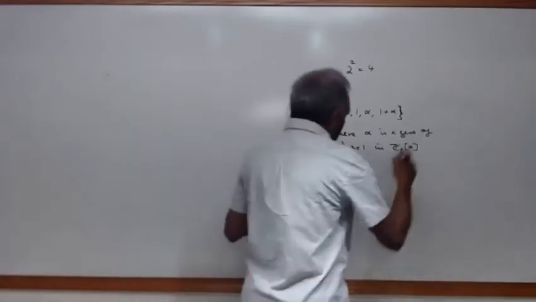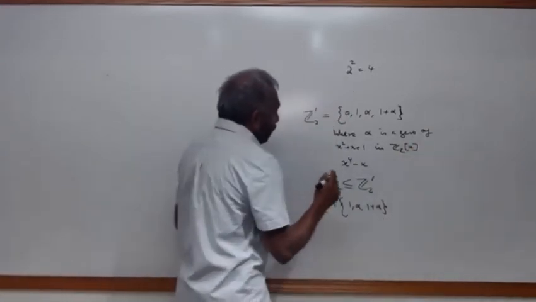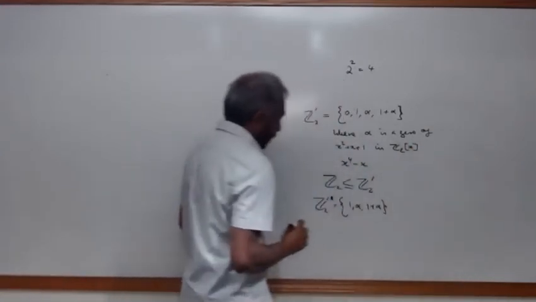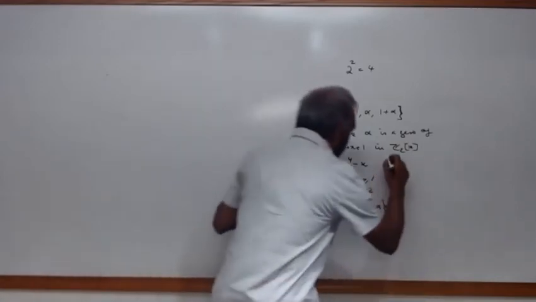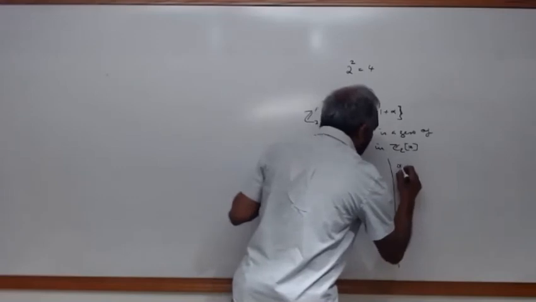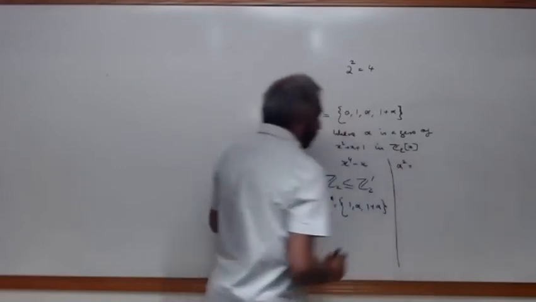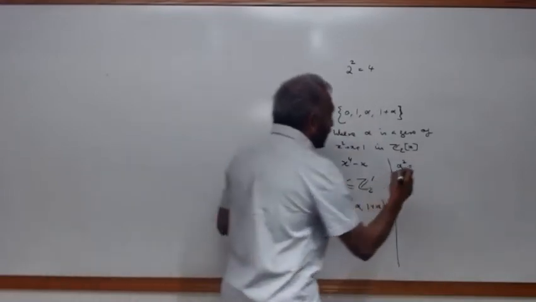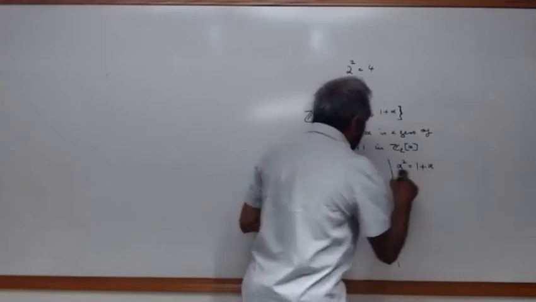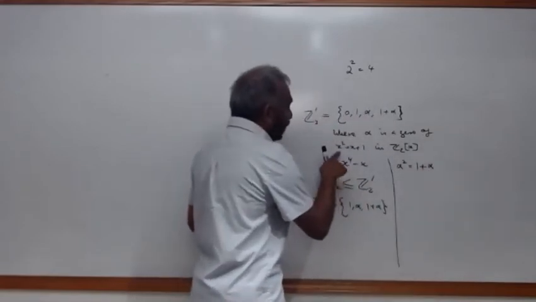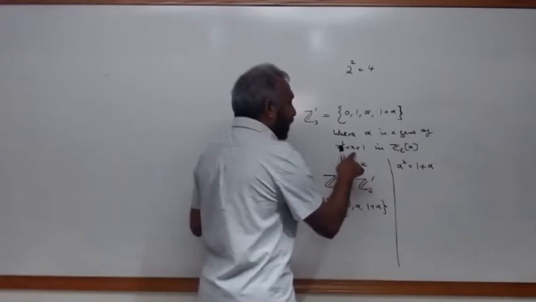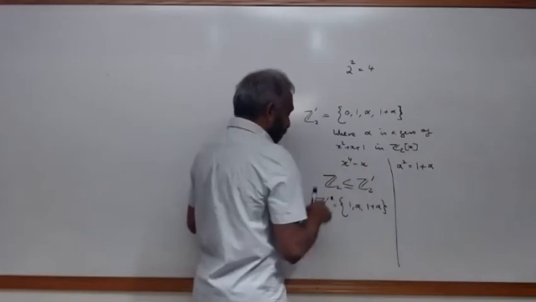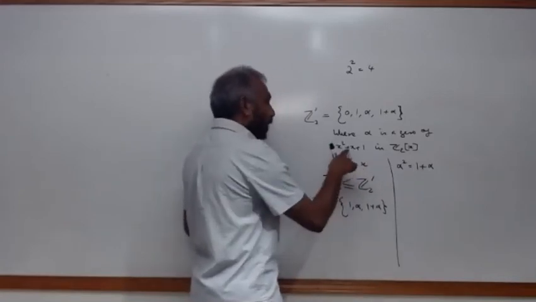Now what is alpha square? Alpha square is actually 1 plus alpha, because alpha is a root of this. So alpha square plus alpha plus 1 is equal to 0. So alpha square is equal to minus alpha minus 1. But minus 1s are always 1s in Z2.